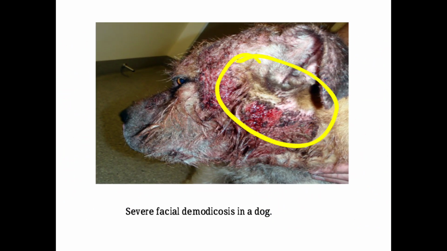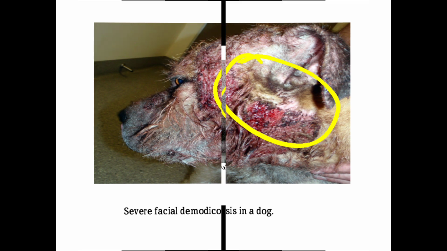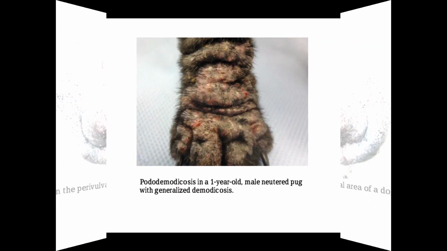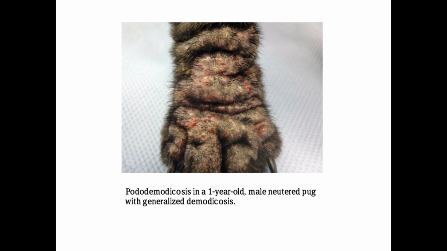Here you can see demodicosis which develops and causes further rashes also. Comedones in the perivulvar area of a dog with demodicosis are also common. Here you can see pododemodicosis. Podo refers to foot, and this is a condition in a 1-year-old male neutered pug with generalized demodicosis. Pug is a breed of dog.